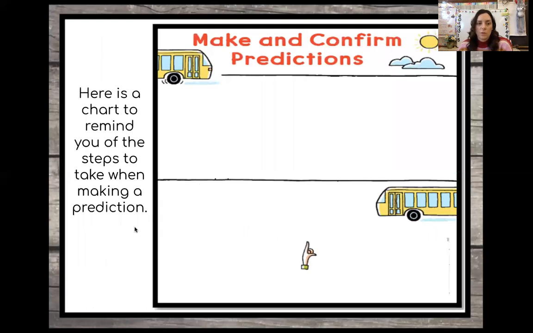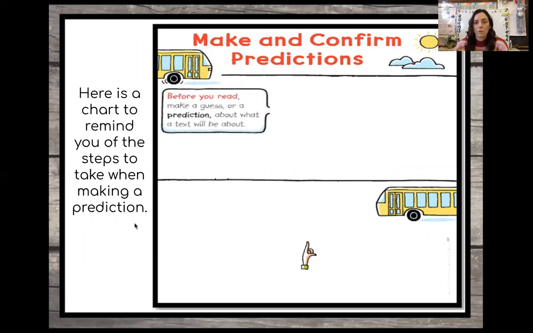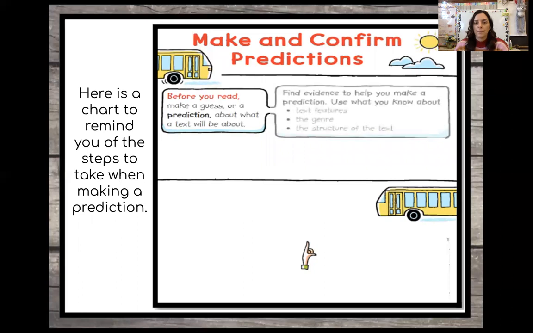Here's a little chart for you to remind you of the steps to take when you're making a prediction. So before you even start reading, you're going to gather all of your evidence and clues and make a guess or predict what the text is going to be about. Find the evidence that's going to help you make a prediction. Use what you already know. Use the text features, use the genre, and the structure of the text.